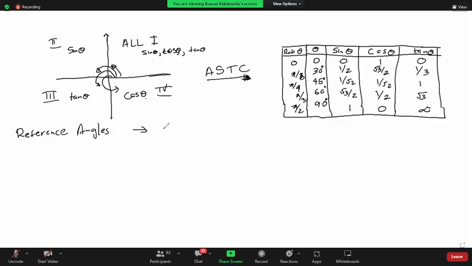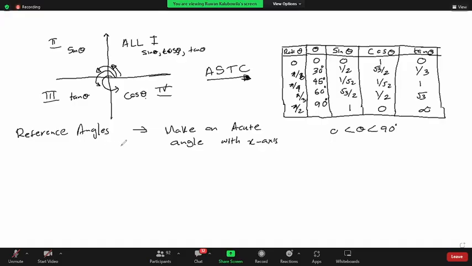Reference angle means, like in this case, make an acute angle with the x-axis. Acute means an angle between 0 and 90 degrees, a small angle, with the x-axis.